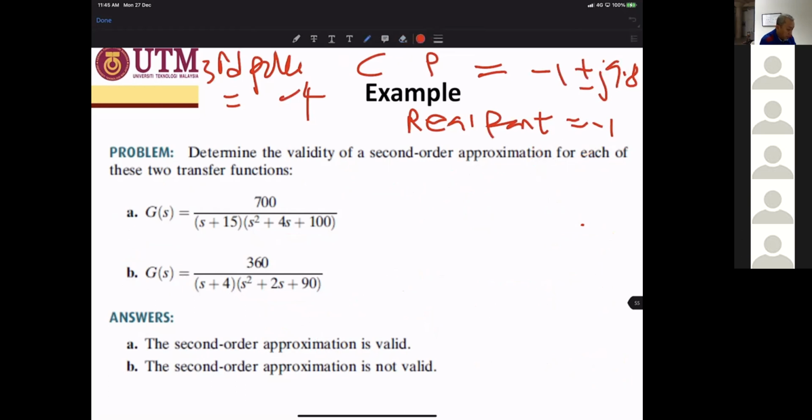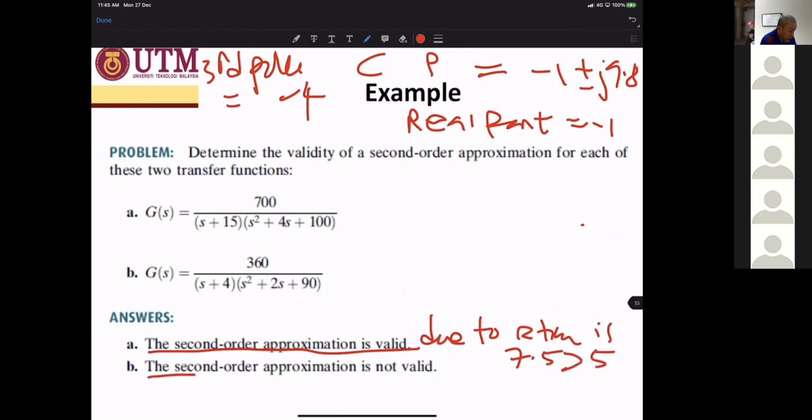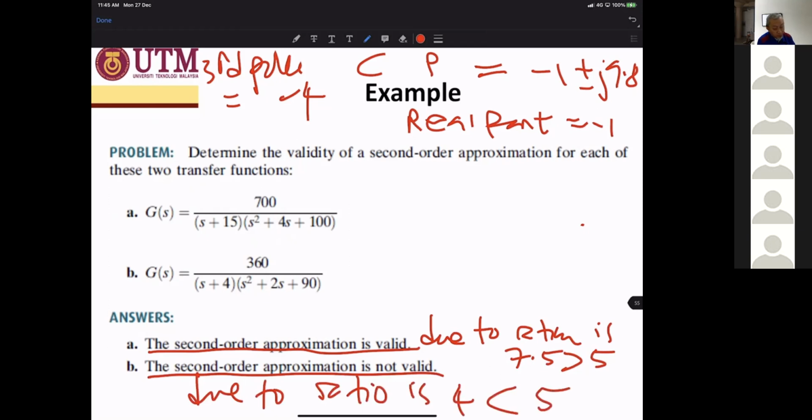Second order approximation is valid due to the ratio of 7.5, greater than 5. This one is not valid due to the ratio of 4, which is less than 5. Understand?